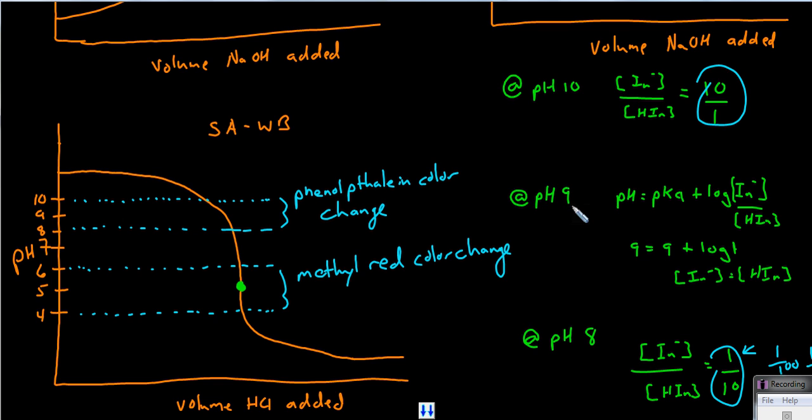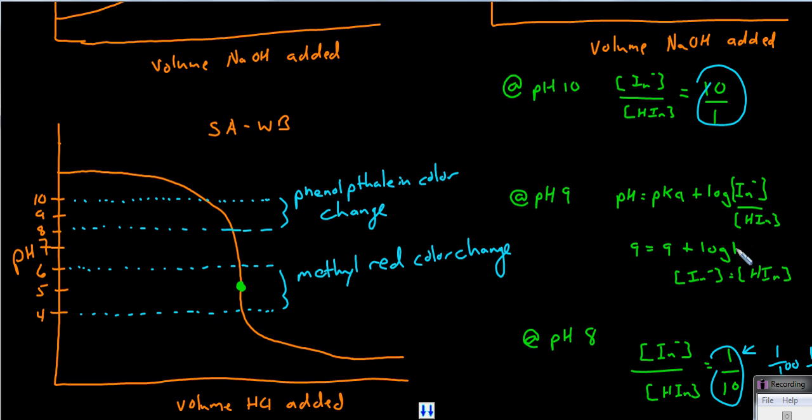Now, if our pKa is 9, then we'll have a 50-50 mixture of the acid and base form at a pH of 9. We know that we have a 50-50 mixture of these two things when the pH is equal to the pKa, because when the base and the acid form are equal to each other, we have a ratio of 1 to 1.